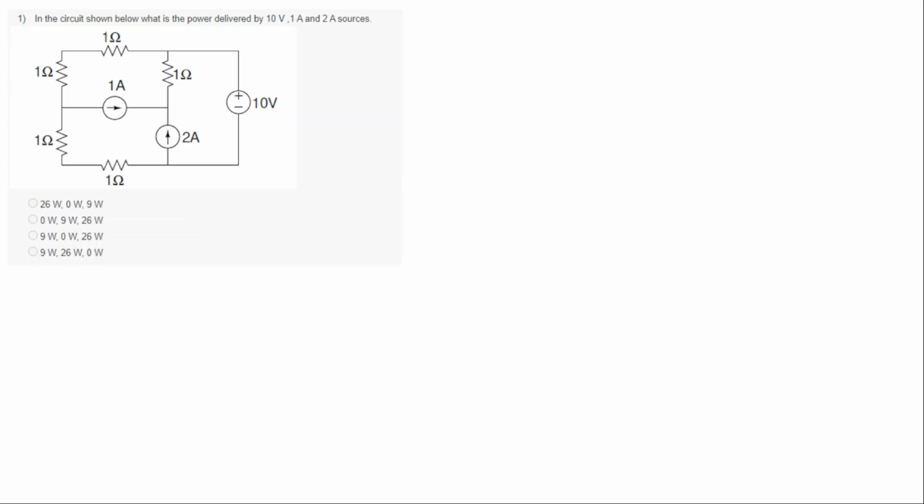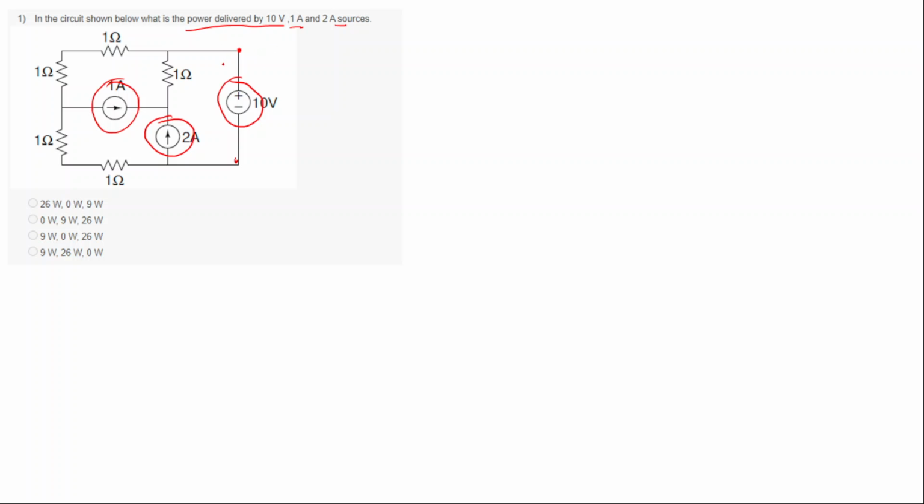Okay. So this was the first problem. It asked what is the power delivered by the 10 volt, 1 ampere and 2 ampere sources. So how much is the power for this source, and this source, and this source. To get the power delivered, we need to find the terminal voltage across any element and multiply by the current flowing through the element.